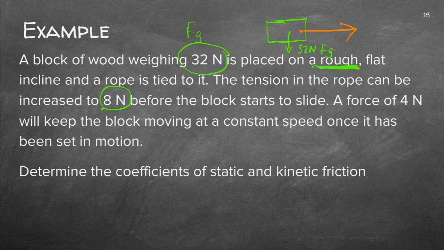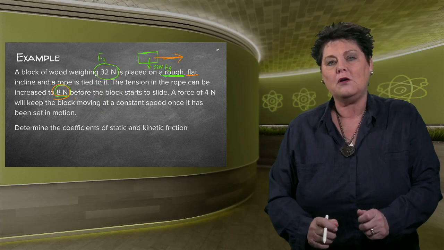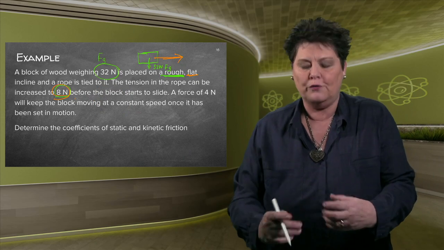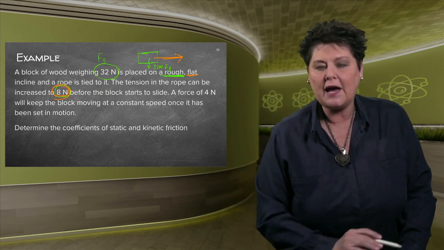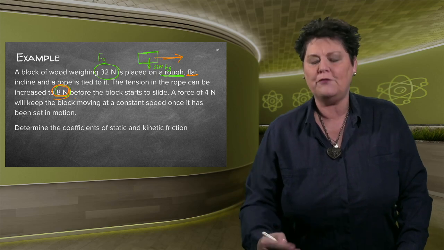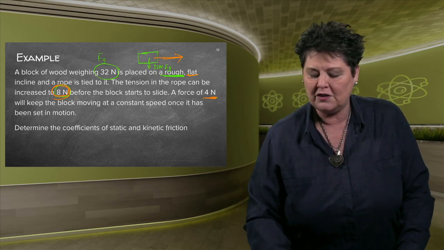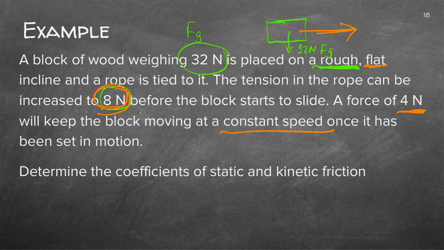This rope will break if it's more than 8. That's before the block starts moving. A force of 4 newtons will keep the block moving. So to get this block to move, it's like the car, I need to exert 8 newtons. As soon as it's moving, I can just apply 4 newtons and then it'll move at a constant speed.